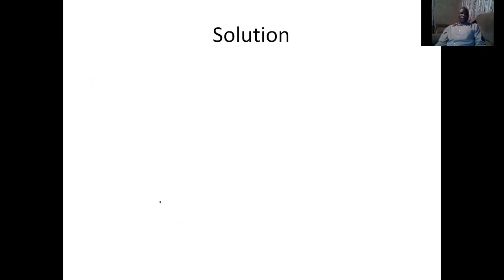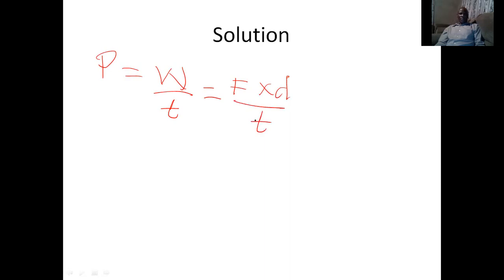And so we know that power is equal to work over time, and this work can be expressed as force multiplied by distance, over time.